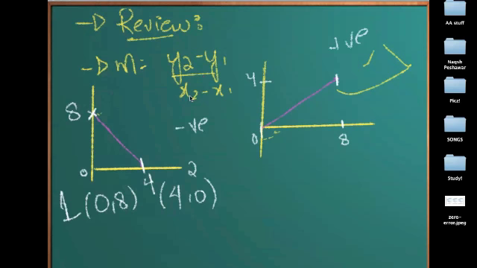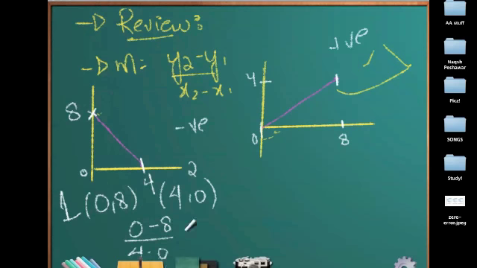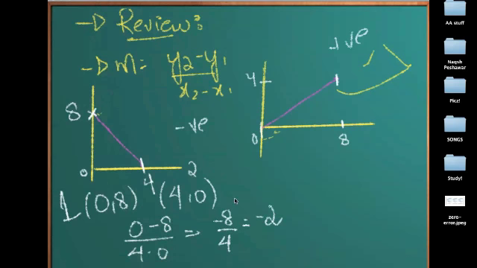The formula says y2 minus y1 over x2 minus x1. So y2 minus y1, 0 minus 8, divided by x2 minus x1, 4 minus 0. This would give me minus 8 over 4, which is minus 2. A negative gradient, as expected.